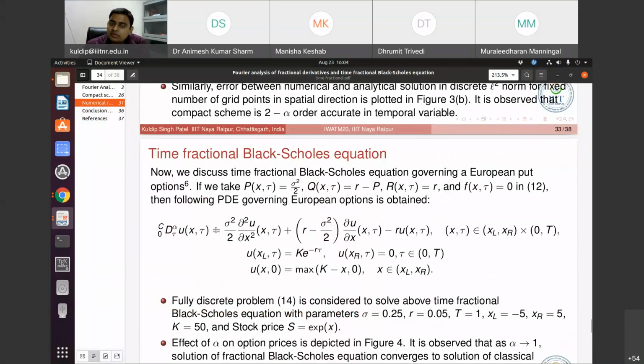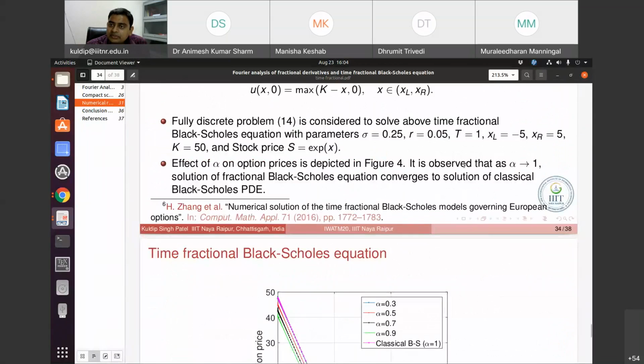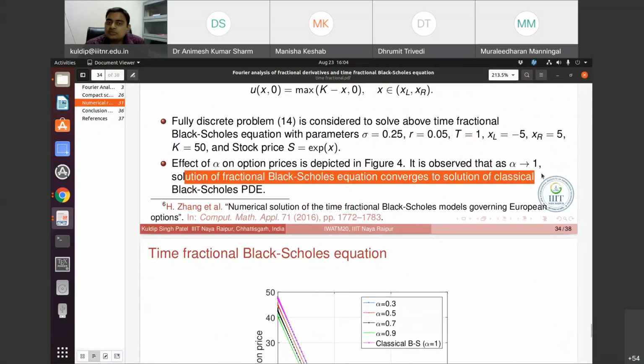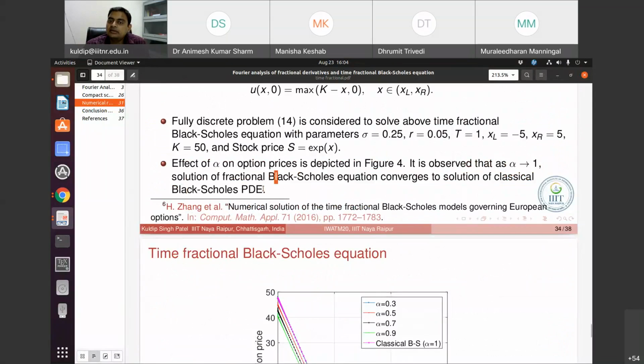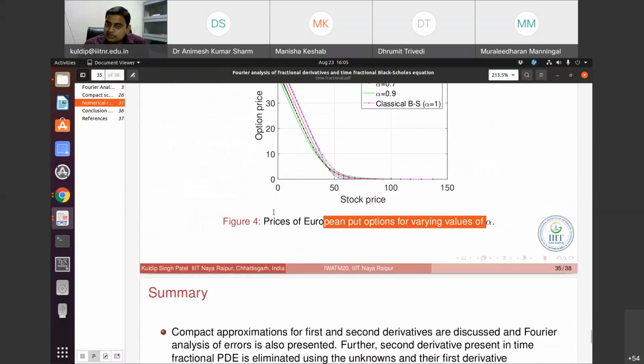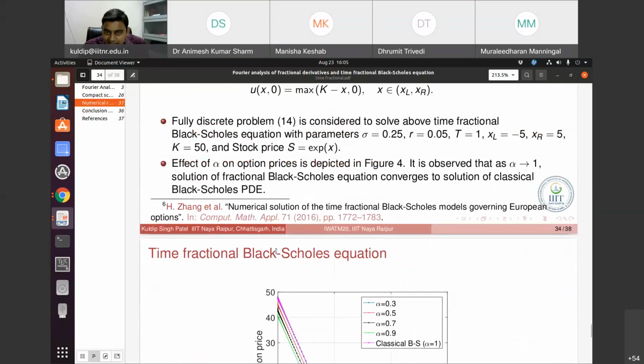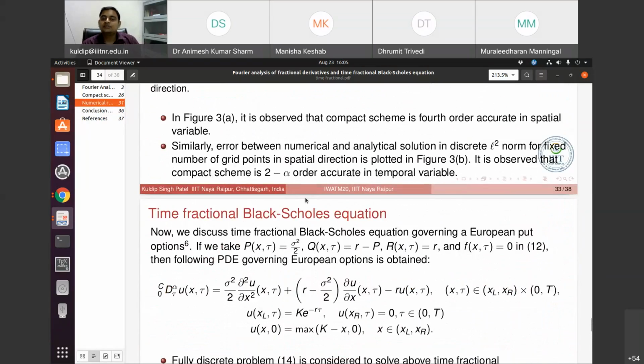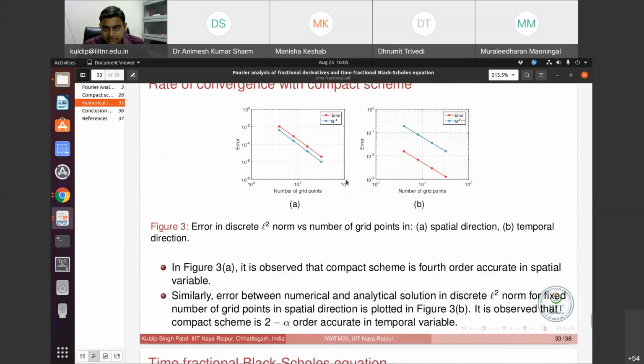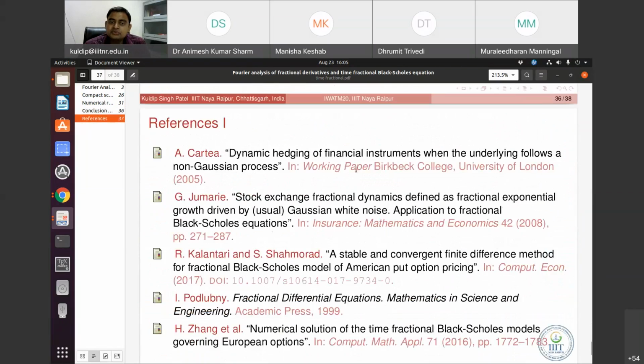So as alpha tends to 1, the solution of the fractional Black-Scholes equation converges to the solution of the classical Black-Scholes PDE. Again, I may not be able to give the advantages here, but at least one thing is clear: we have a numerical method which can be applied to the time fractional Black-Scholes equation and the time fractional convection diffusion equation.